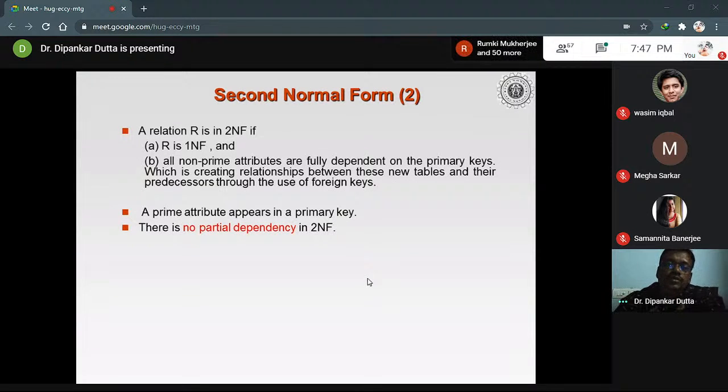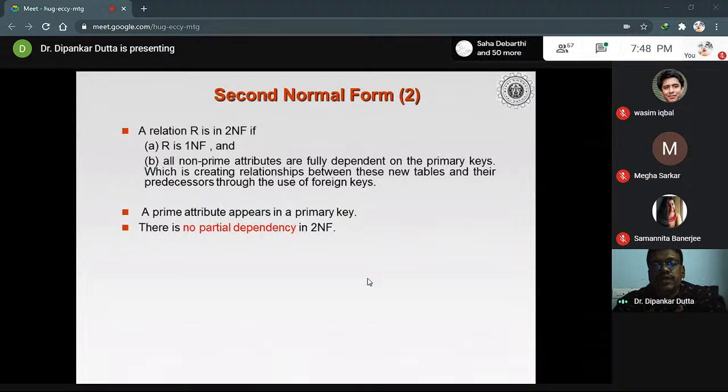Okay, a prime attribute appears in a primary key. There is no partial dependencies in 2NF.